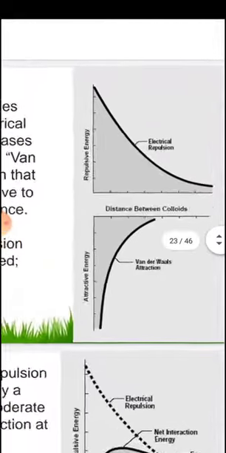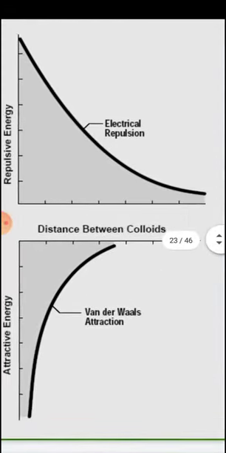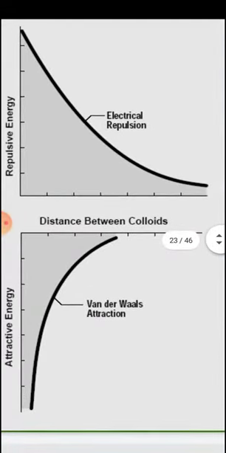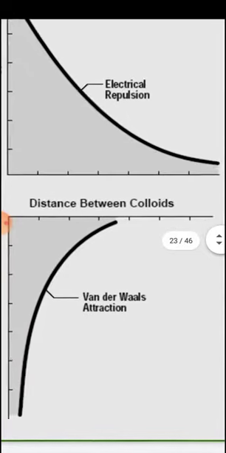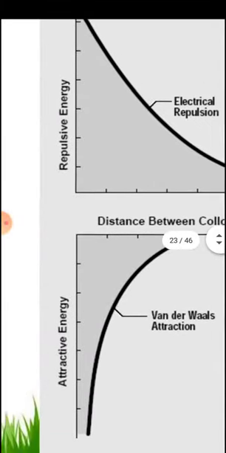So in this first case, if you take the repulsive force energy on the y-axis and the distance between the colloidal particles on the x-axis, you will find that, in this figure, please consider that we are moving from the right side to the left side.